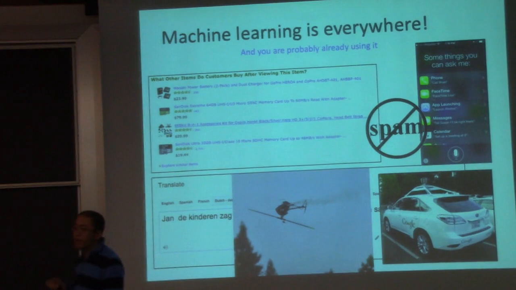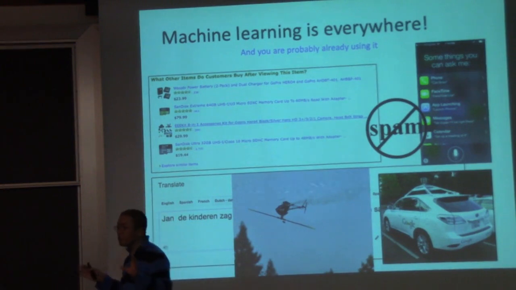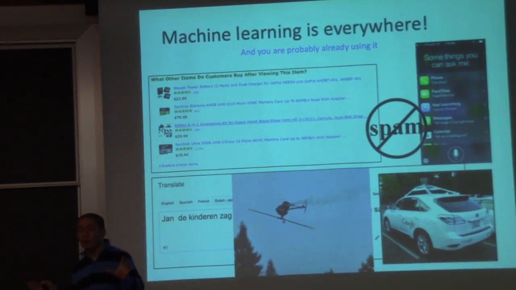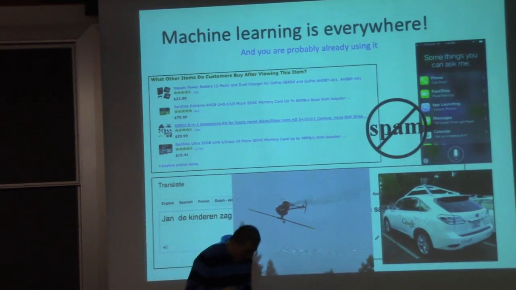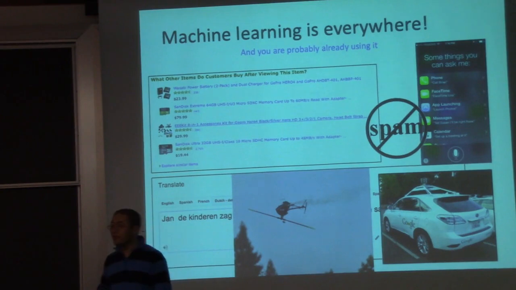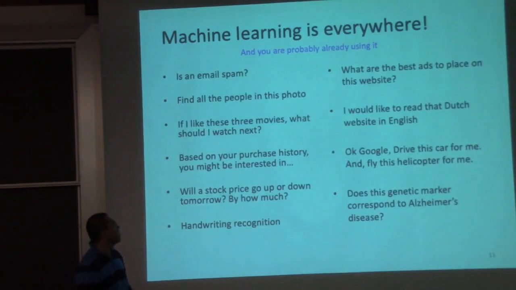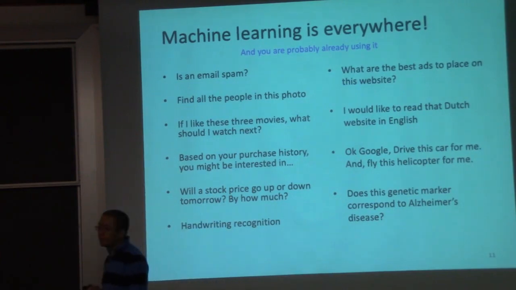But besides AlphaGo, machine learning has many applications. I just mentioned that machine learning is changing the world. It is not fake. It's not hype. It's really changing the world. And many of us have used machine learning techniques every day, but maybe you haven't realized that. For example, why does your email box look clear?